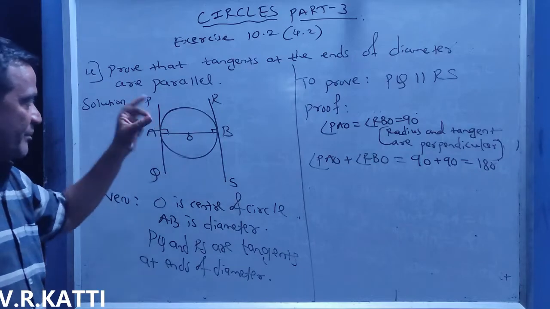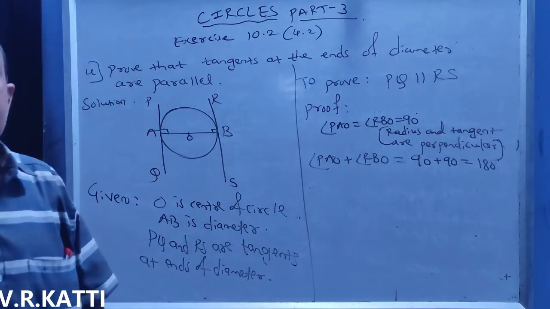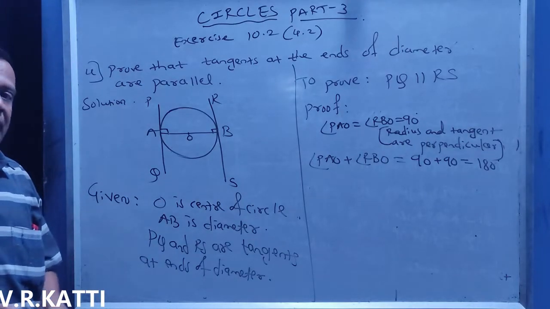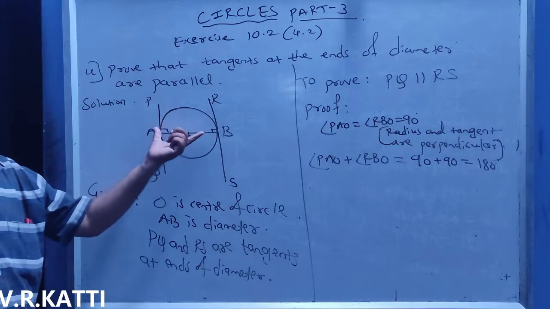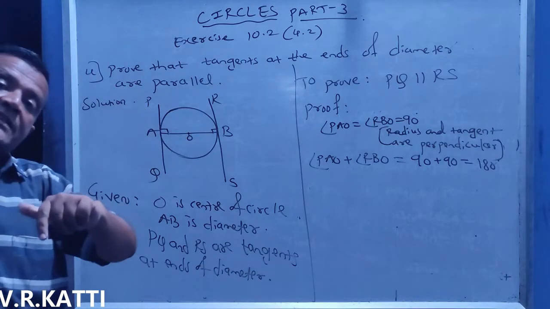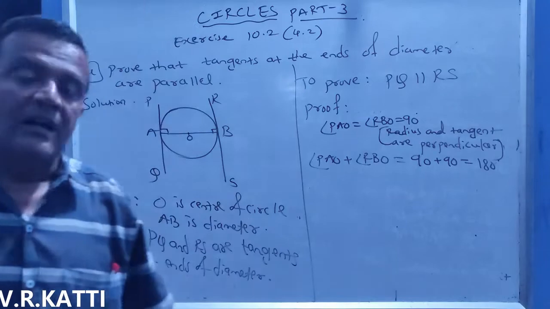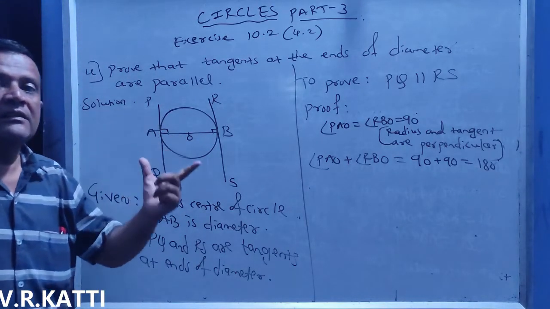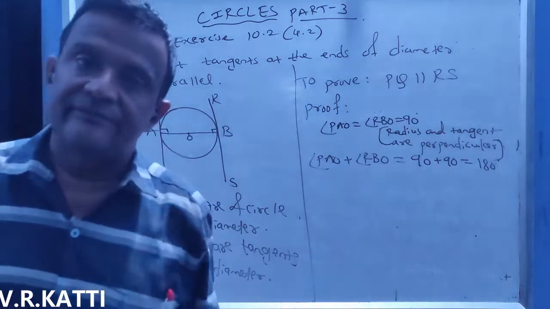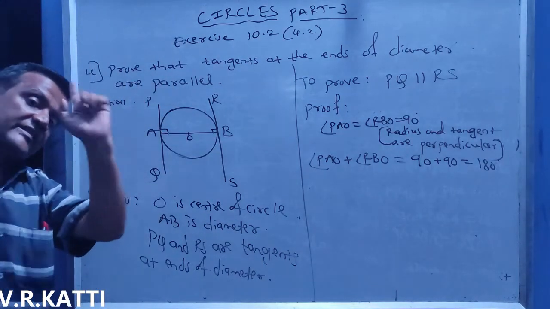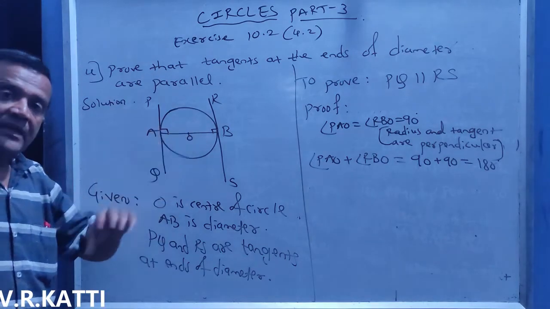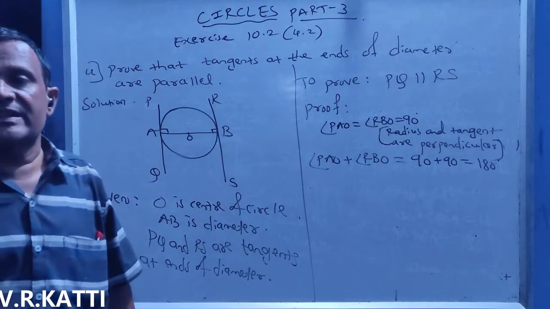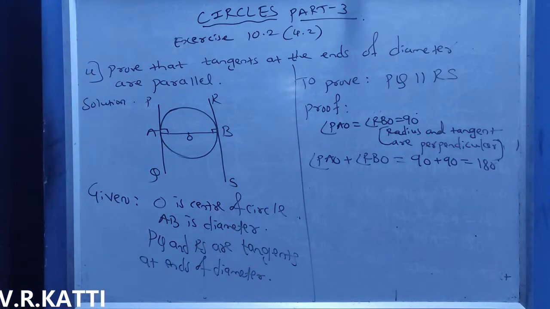Students, if PAO and RBO add to 180 degrees, then, as you already studied in the 9th standard, if the interior angles on the same side of a transversal are supplementary, then that line is a transversal. Is it not?